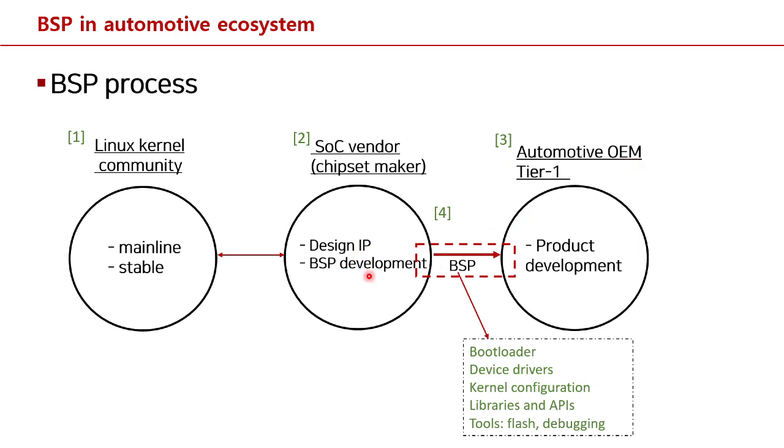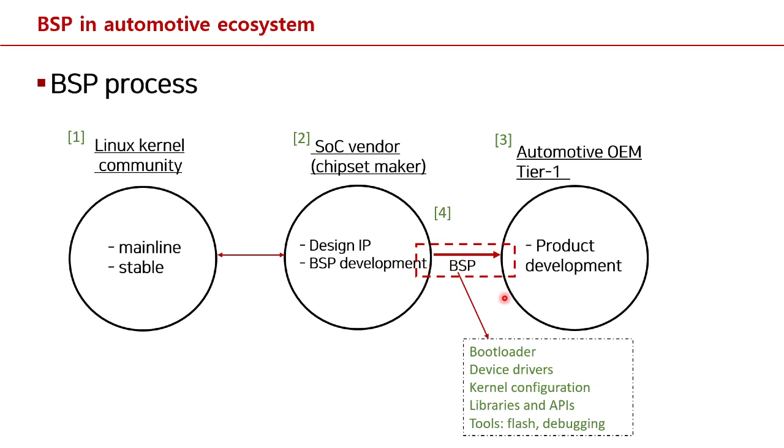Then they share all kinds of device driver code and SDK in one package. That package is called BSP. BSP means board support package. This will be delivered to automotive OEM vendors or tier 1 companies.